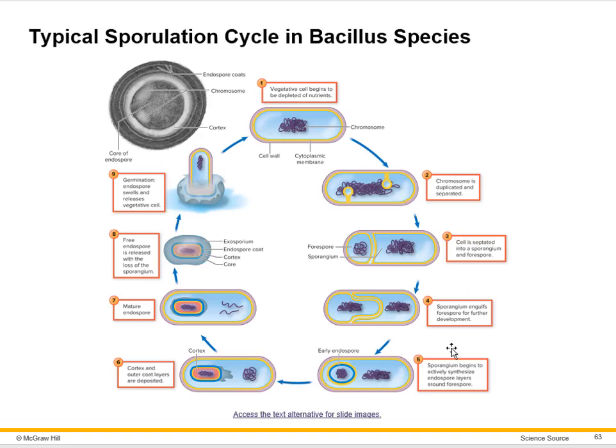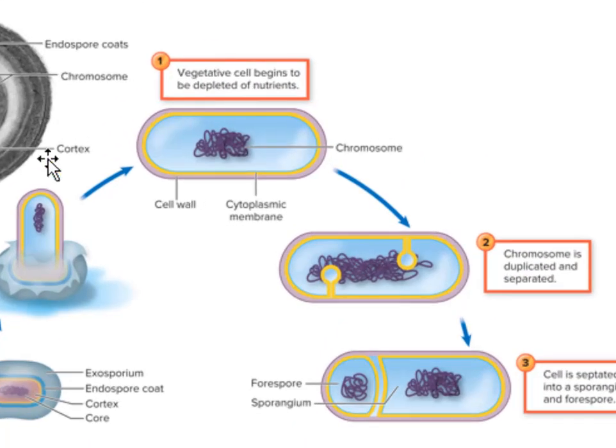And this is the basic process, but I'm going to give you a 5-step process that'll be a little bit easier than 9 steps. You can see here's the normal vegetative cell, and the chromosome is duplicated, and it invaginates and forms 2 compartments inside the cytoplasm.